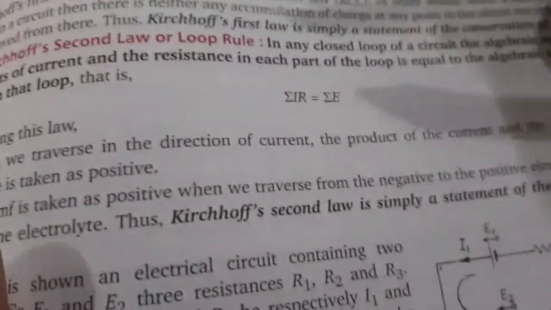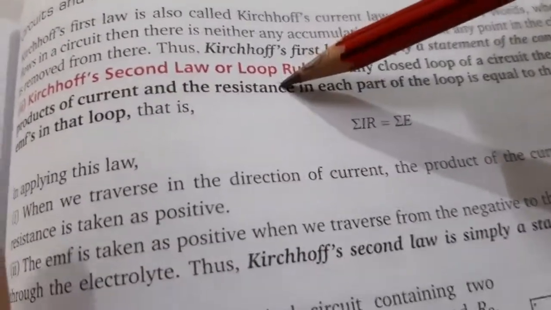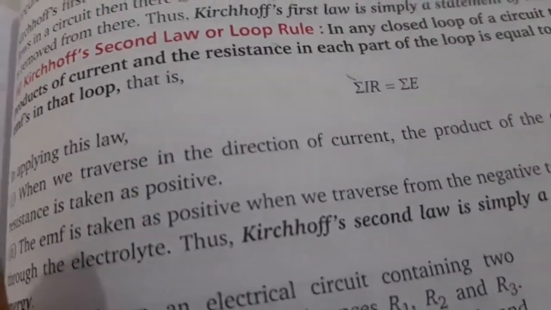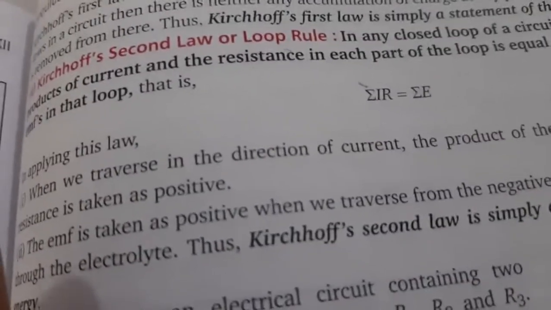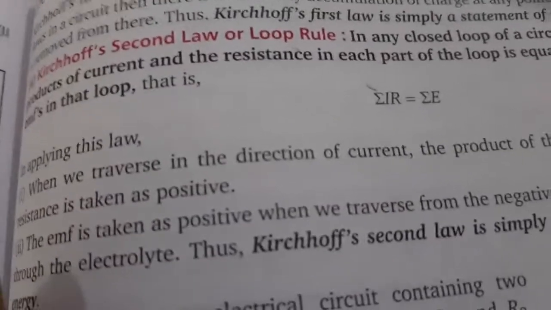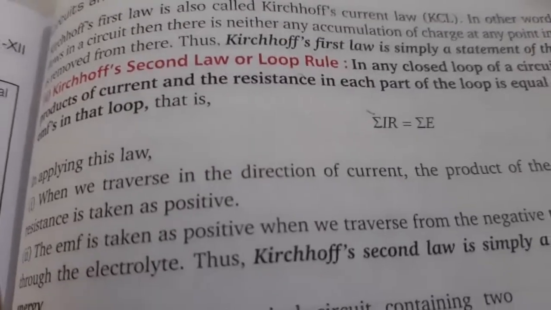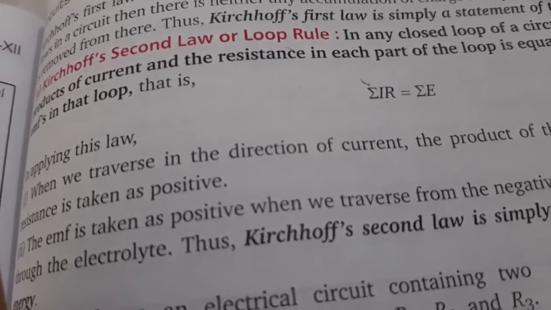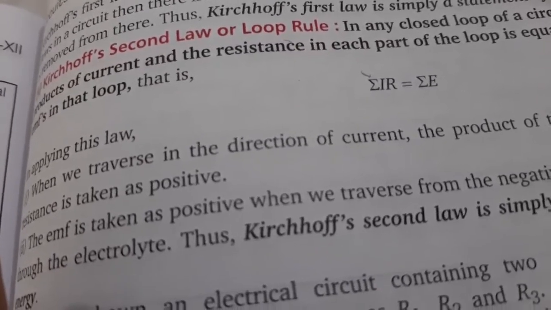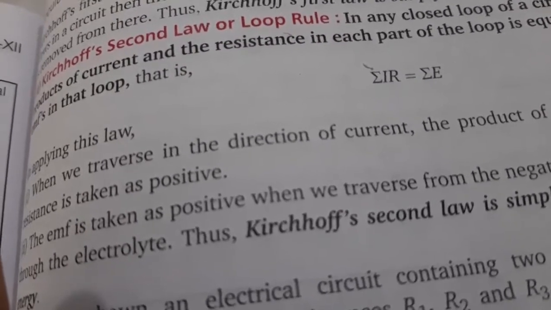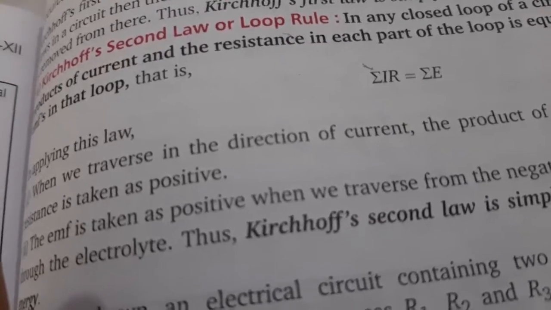And the second law, which is called the loop rule, is based upon the conservation of energy. You have to learn it. The first law is based upon the conservation of charge, and the second law, which is the loop rule or voltage rule, is based upon the conservation of energy. According to the second law, we can take a loop to apply this law.